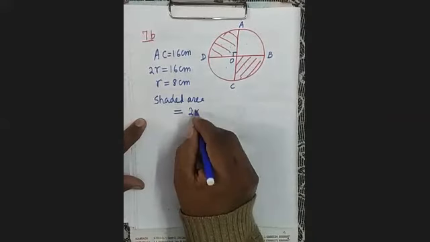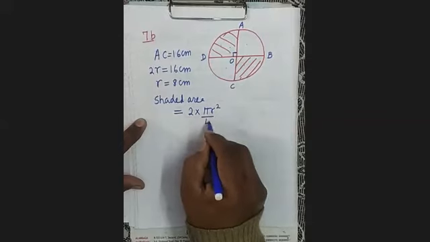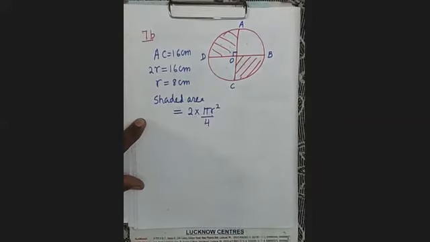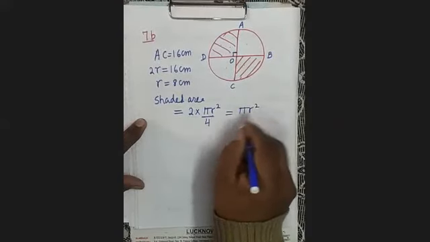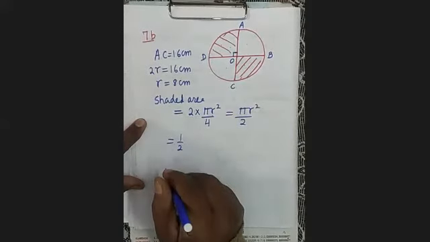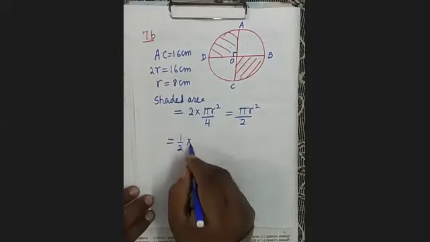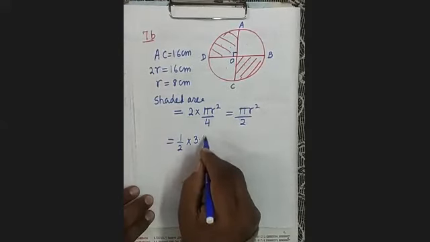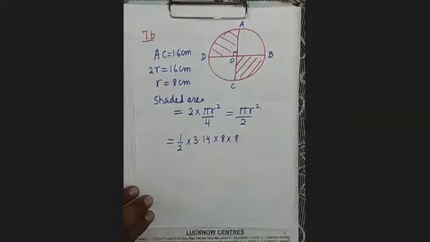तो 2 का एरिया क्या हो जाएगा? एक का एरिया होता पाई आर स्क्वायर अपॉन 4, तो 2 का एरिया मल्टीप्लाइड बाय 2, that is pi r square upon 2. So you substitute the value, but now in the question the value of pi is given. So 1 upon 2 into 3.14 into 8 into 8.